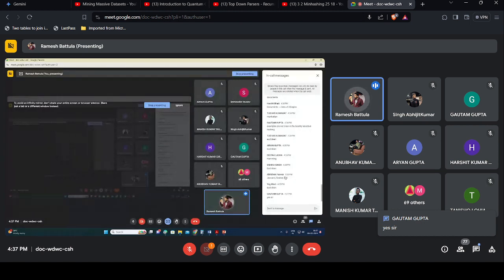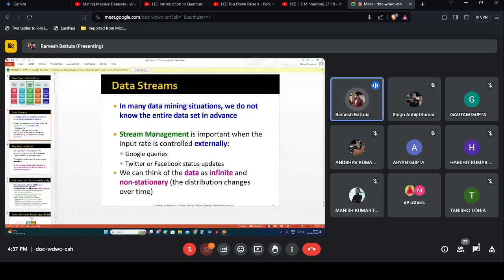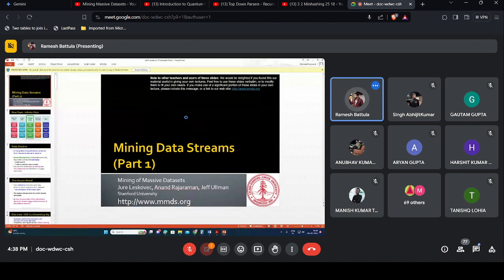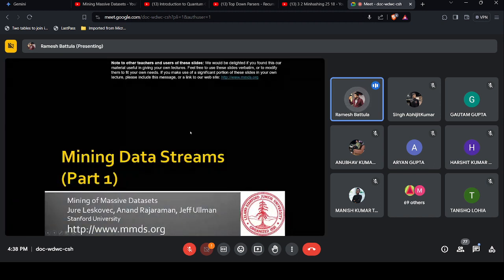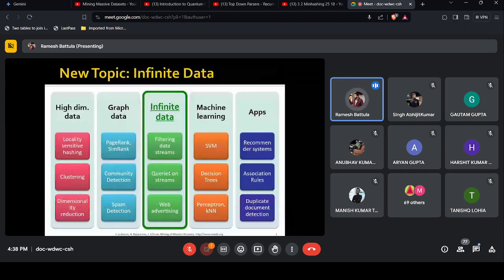Thank you. So this is what we covered in the third chapter. Now we have to move forward to discuss another kind of topic, that is the stream of data. We are not talking about data where we only check similarity, but now the stream of data. We completed high dimensional data, locality sensitive hashing, clustering documents and dimensionality reduction.